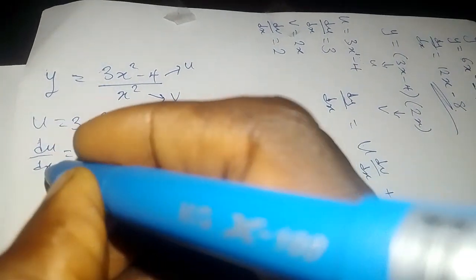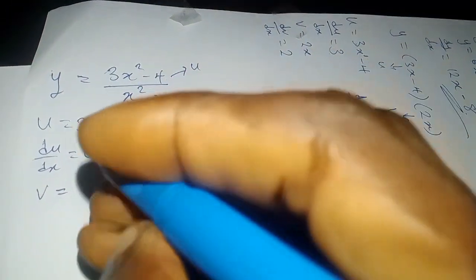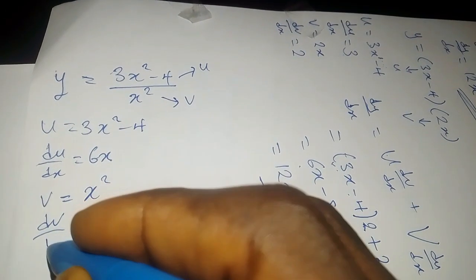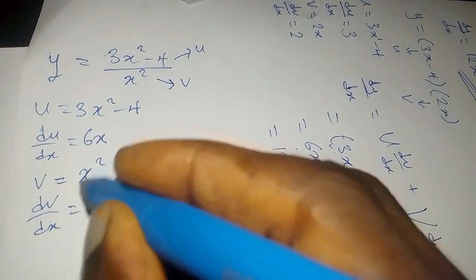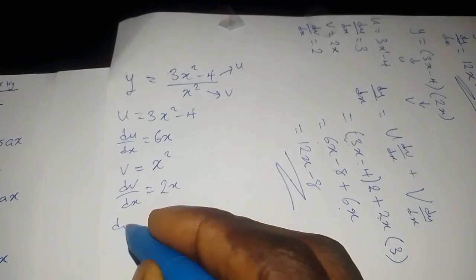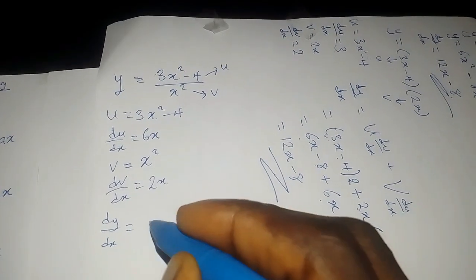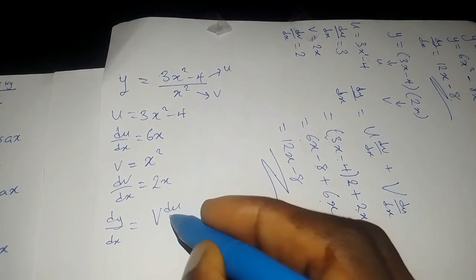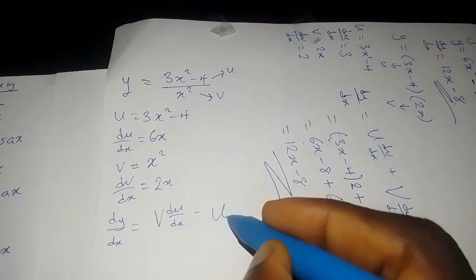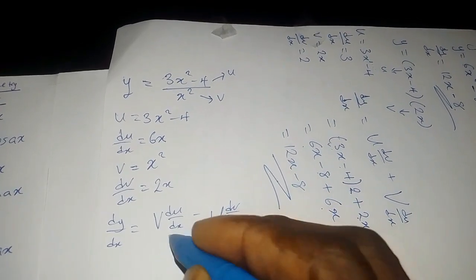Then also my v is equal to x squared, then differentiating this, that's dv dx, I'm going to have 2 times x, that's 2x. Now applying that formula that said dy dx is equal to v du dx minus u dv dx divided by v squared.